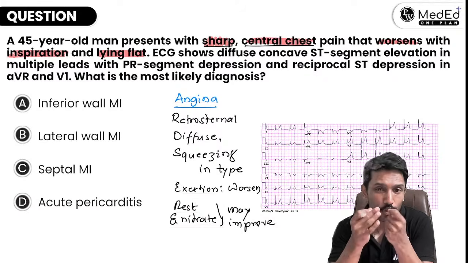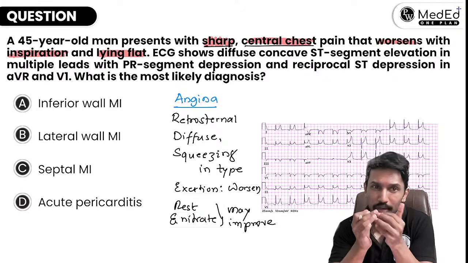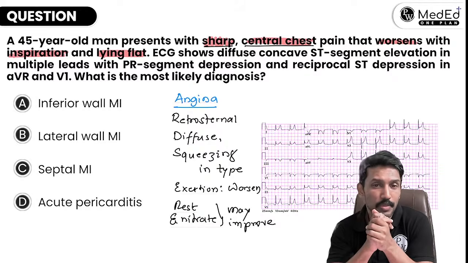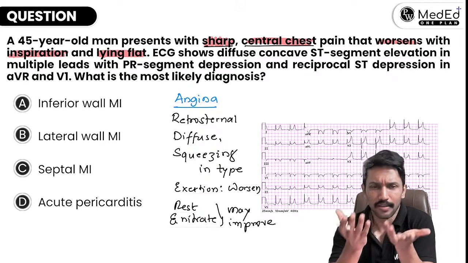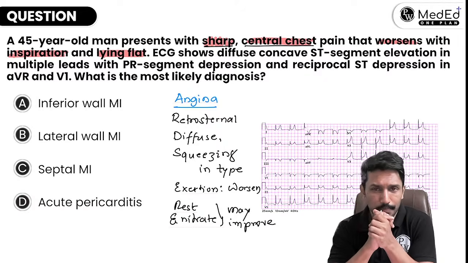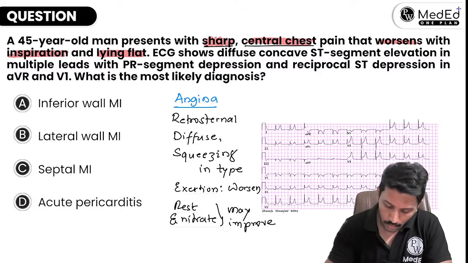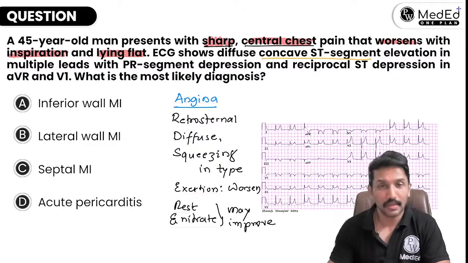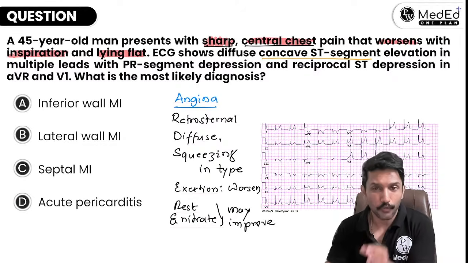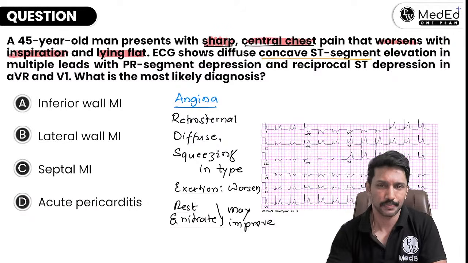Where do I get a retrosternal chest pain which is sharp or penetrating and is worse on inspiration and lying flat? It's typical of pericarditis. Another differential diagnosis is pleuritis. Okay. Now, when we look at the ECG, it shows concave ST elevation. The typical ST elevation of MI is generally convex.